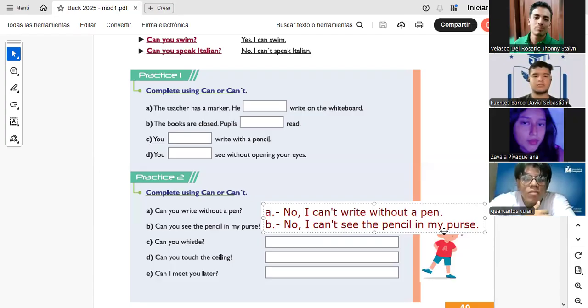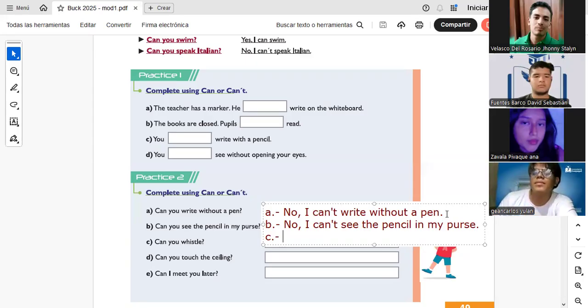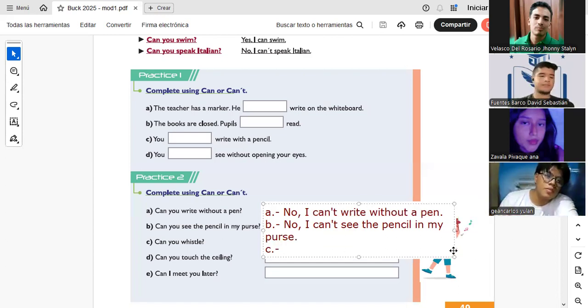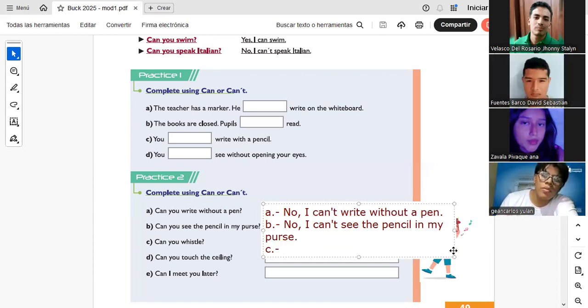Okay, so let's go with letter C. Anna. Yes, I can.